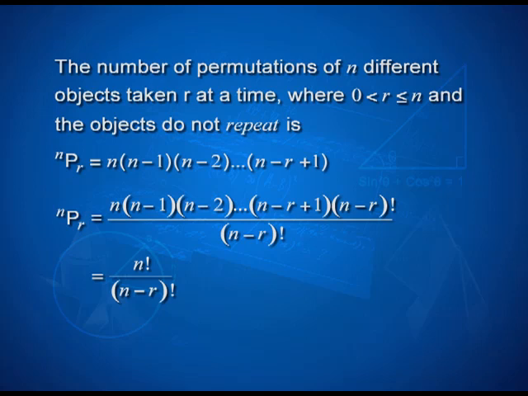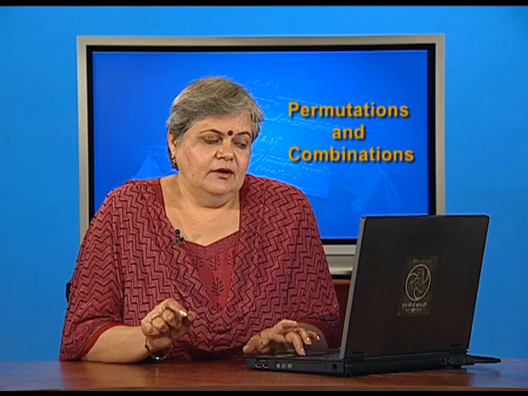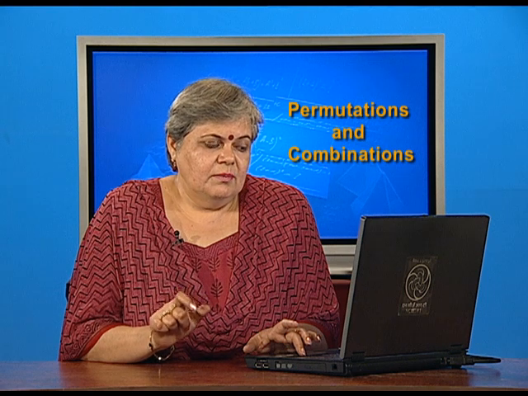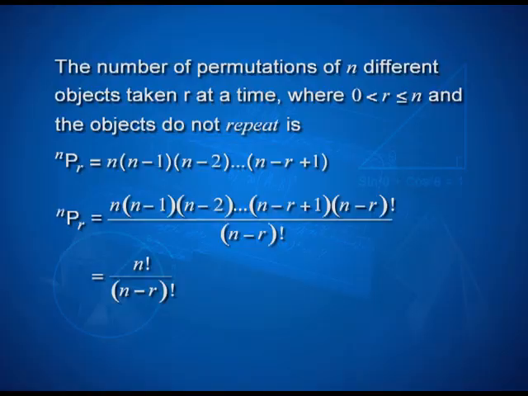If I look at n into n minus 1 into n minus 2 up to n minus r plus 1, and I multiply and divide by (n minus r) factorial, then looking at the numerator again, we see a continuous product starting from n down to 1, and therefore, the entire numerator combines to be nothing but n factorial, and that is now the result that we will be using again and again.